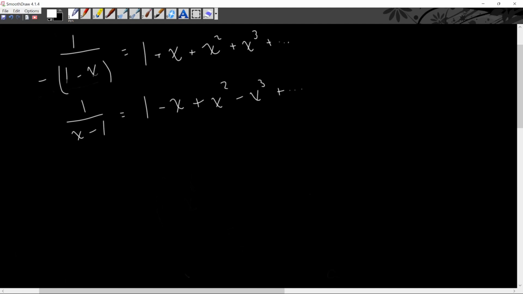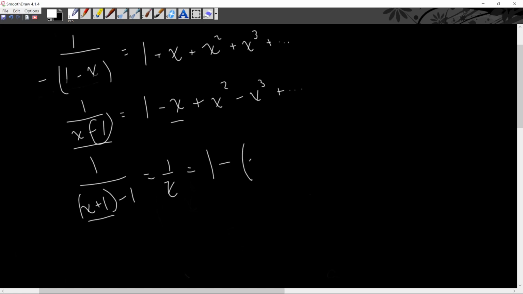So how do we get x minus 1 to get rid of this 1? We're going to do 1 over x plus 1 minus 1, right? This should be just 1 over x. And if we plug in x minus 1 for every x, we're going to have 1 minus (x minus 1) plus (x minus 1) squared minus (x minus 1) cubed.